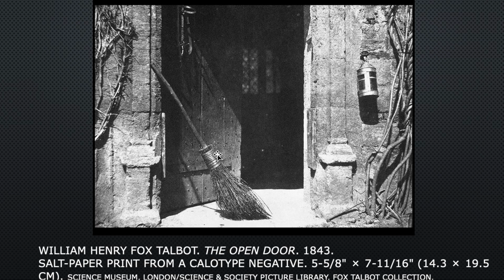And so this man, Talbot, or Fox Talbot, invented this with a calotype negative. So he did a simple exposure of a doorway with this old broom in front of it. So it's kind of picturesque, but it's basically a still life too. So that's the advance of that.